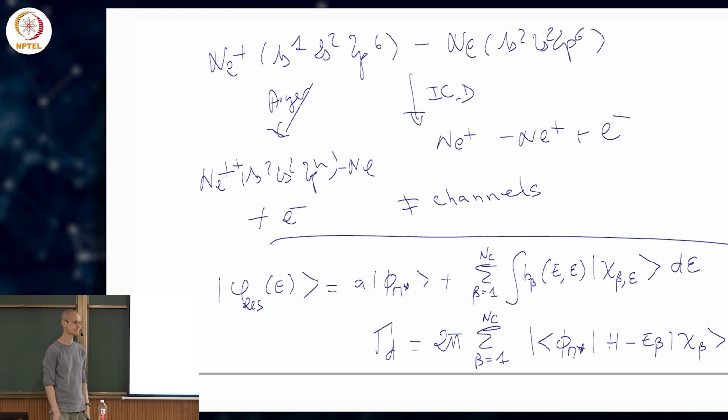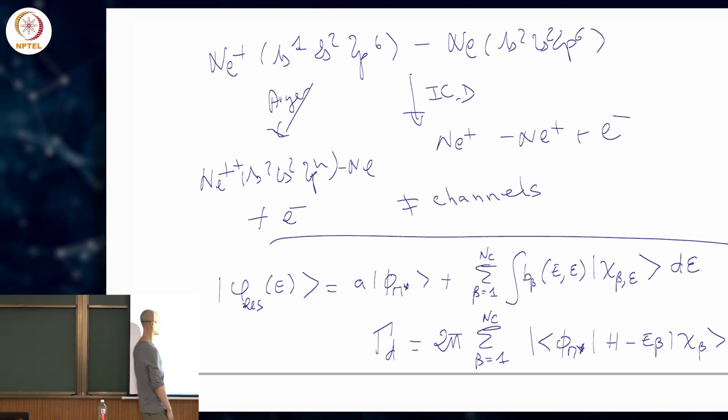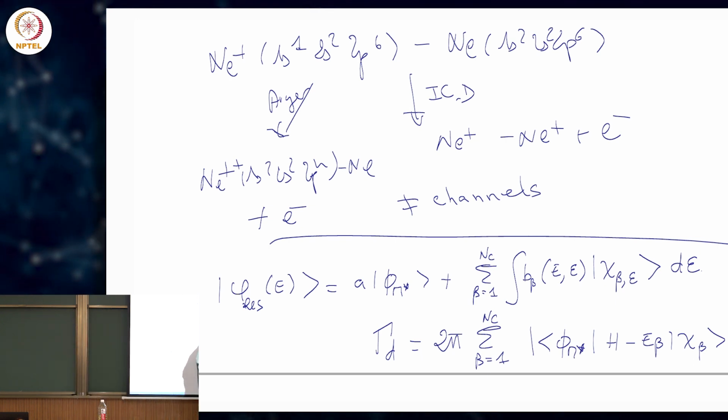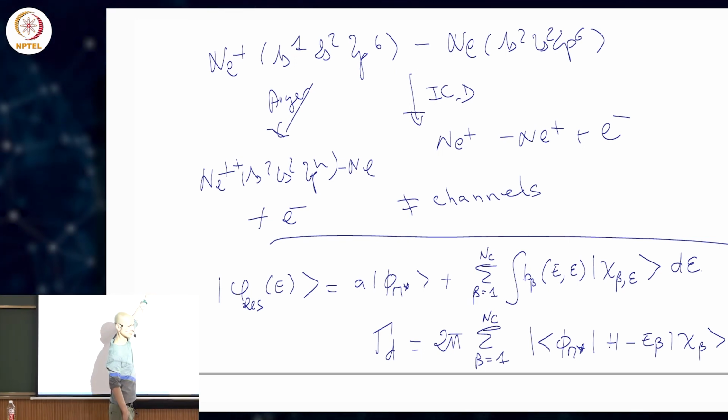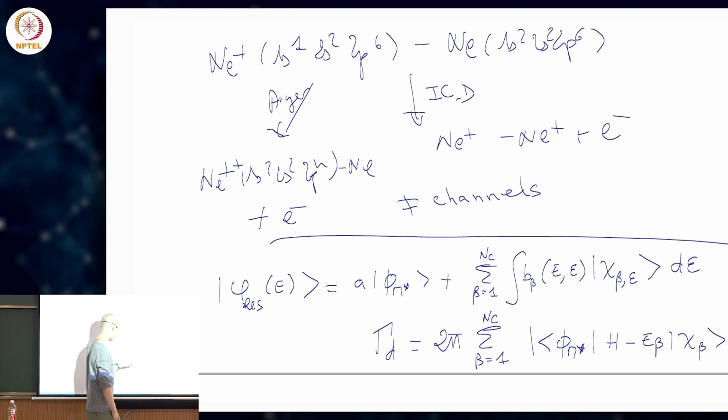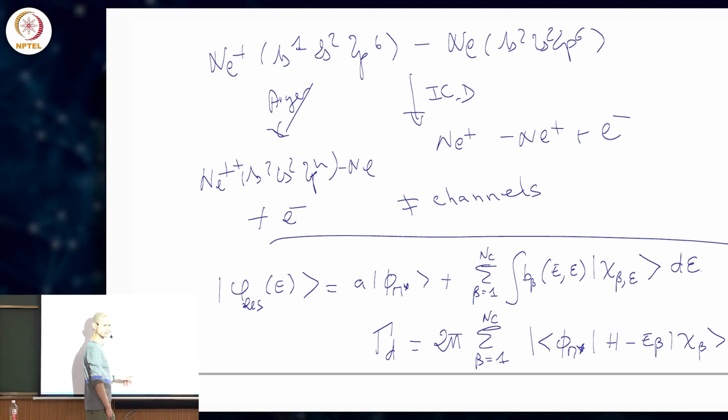Okay? And as I said, you have to sum over the channels, and this is why the width is the sum of this one and this one. If you want the lifetime, you just take the inverse of that.